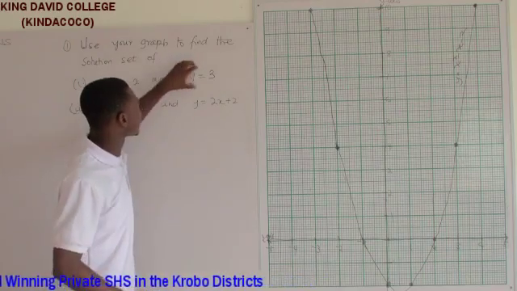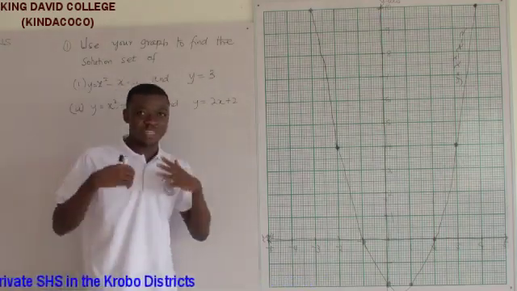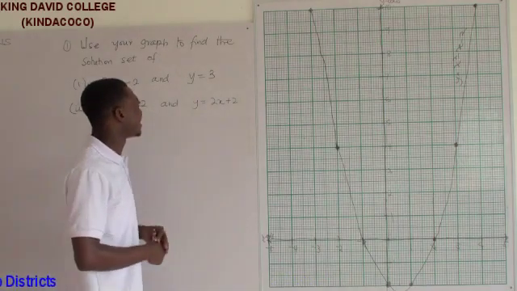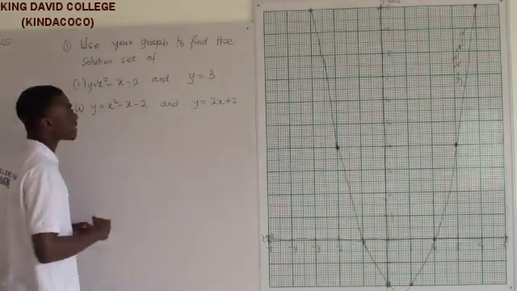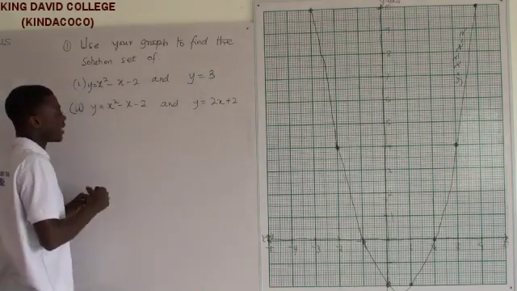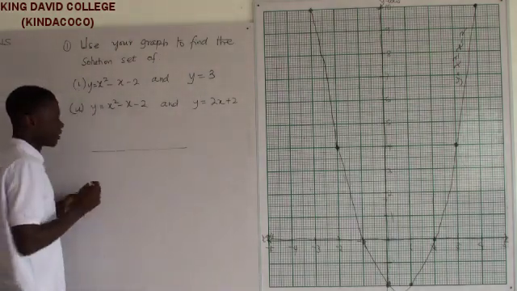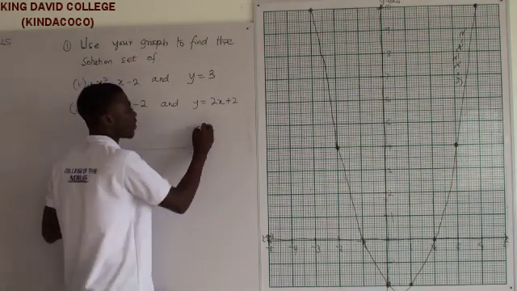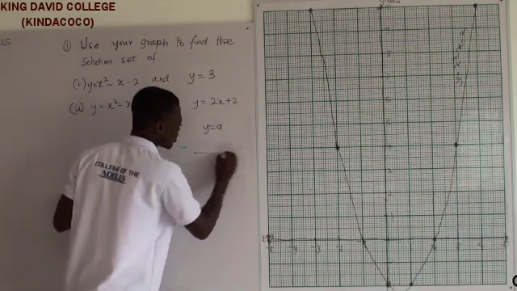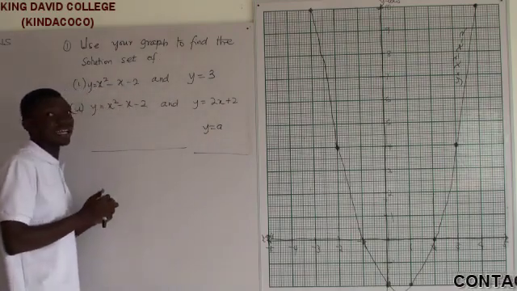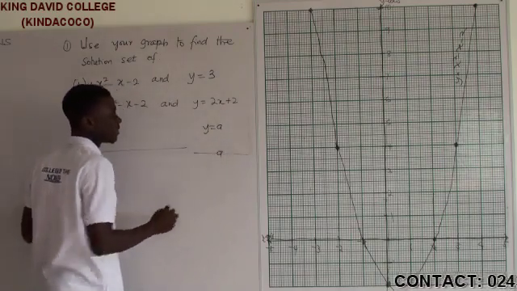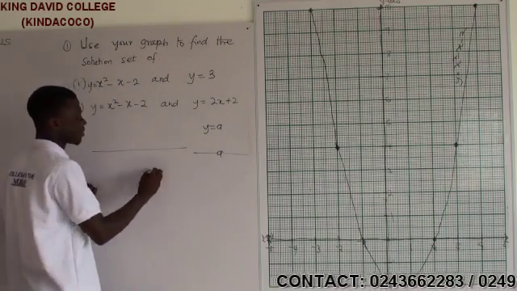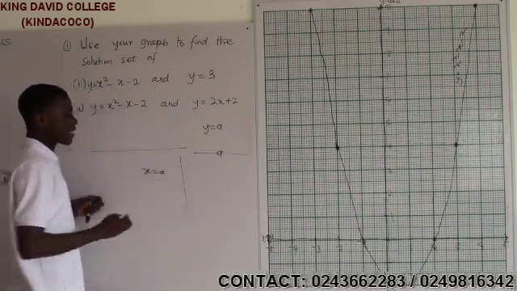Equations like this are still equations of a line, but this specific line is a straight horizontal line. If you have the equation of the line y is equal to a, it goes like this: a straight horizontal line at the point a. And if you have the equation of the line x is equal to a, it's a straight vertical line.